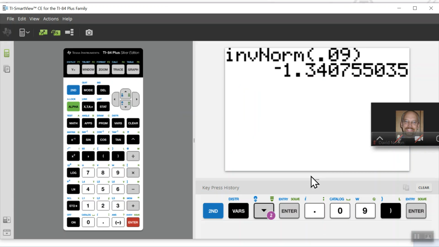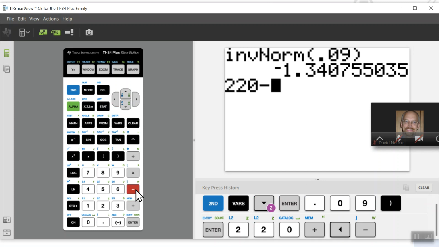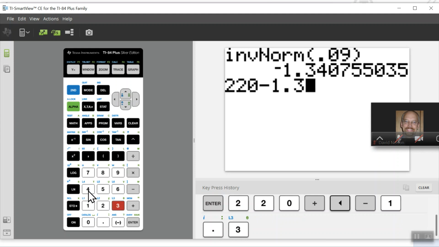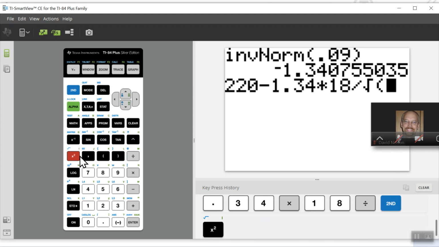So A would equal, jumping back to my calculator here, 220 plus, well, actually minus 1.34 times the 18 divided by the square root of 40.